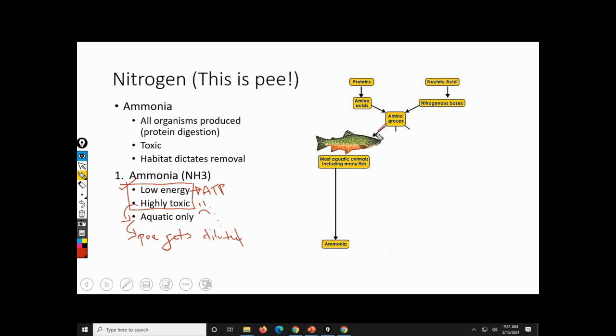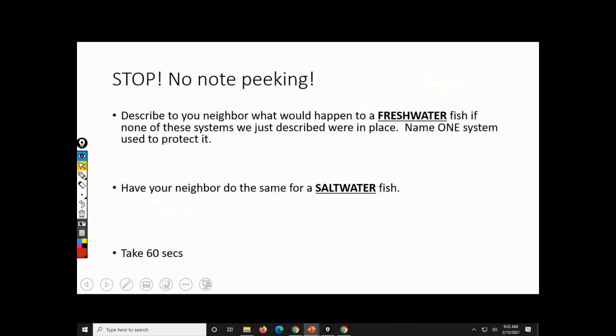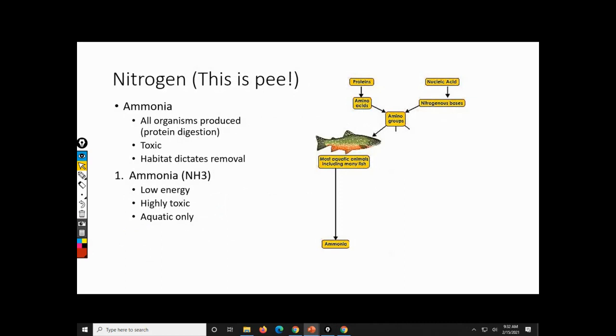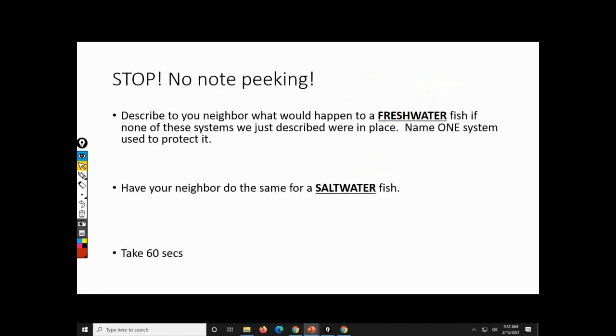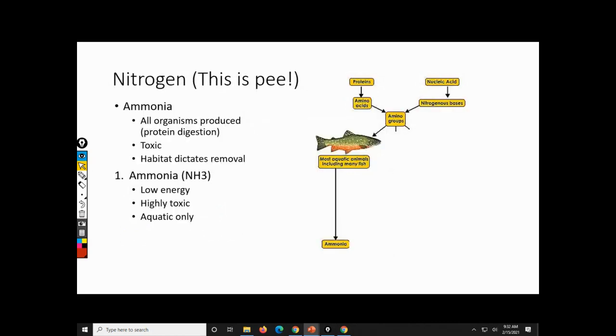Okay, our first track makes sense? Any questions about ammonia? Okay, so we're going to keep adding tracks to this as we go.